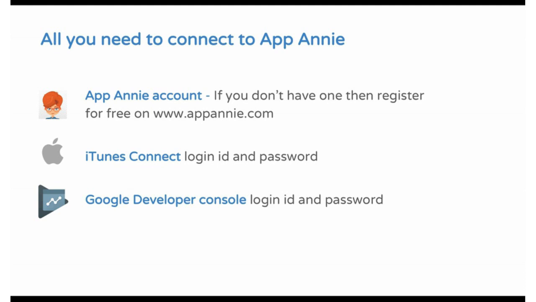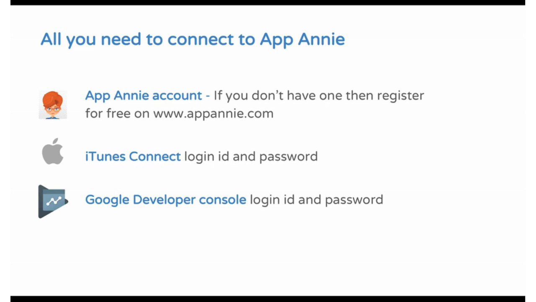Right, now let's take a look at what you will need on setting up your App Annie Connect account. Firstly, you'll have to make sure that you have registered with App Annie. If you have not, feel free to just go on the App Annie website and navigate to the registration page.